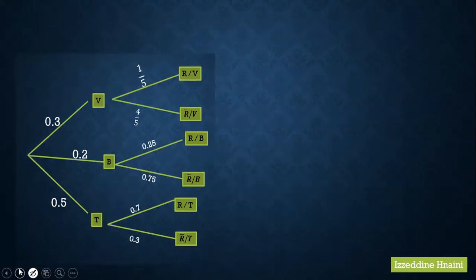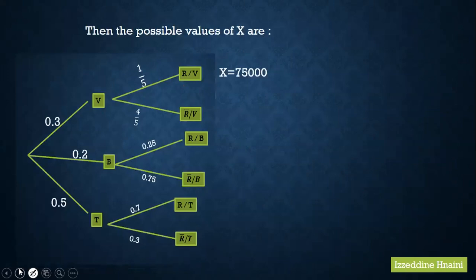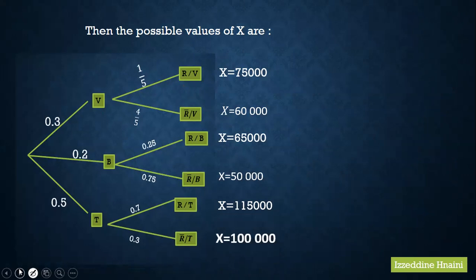Then we have 6 possible values of X: 75,000, 60,000, 65,000, 50,000, 115,000, and finally 100,000. So each member of this outcome, we assign a number. The random variable gives every member of the outcome a number.